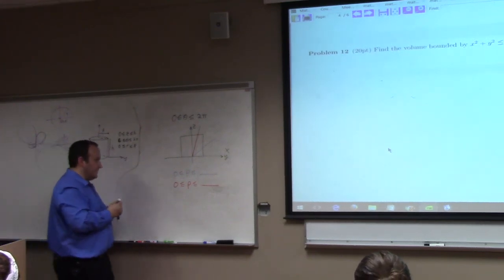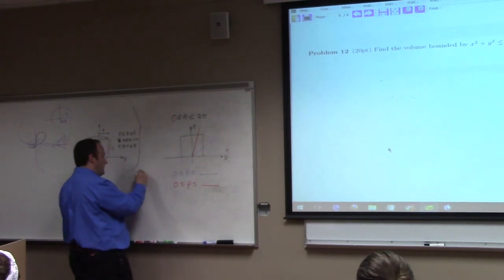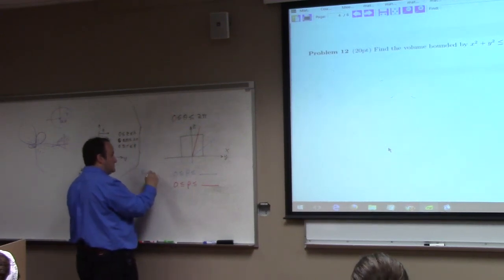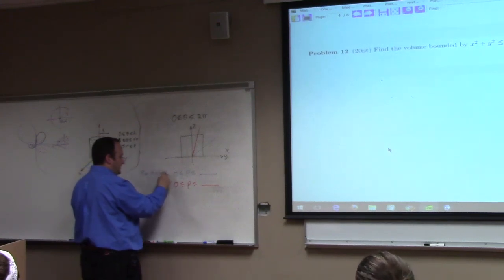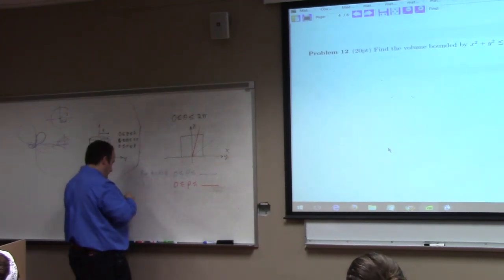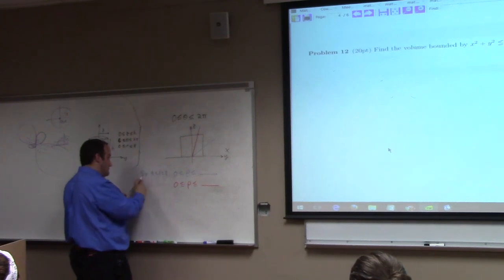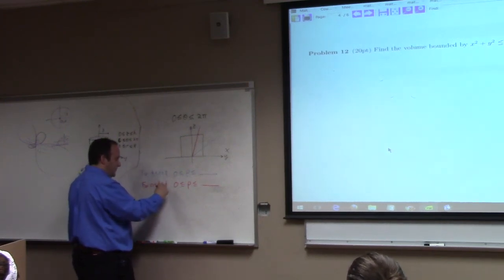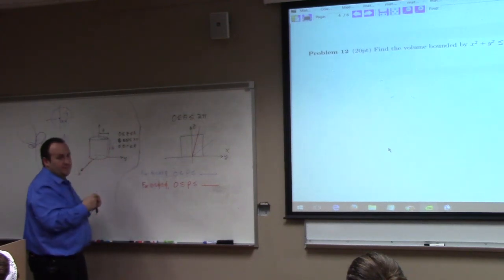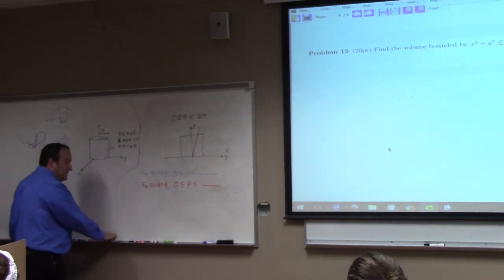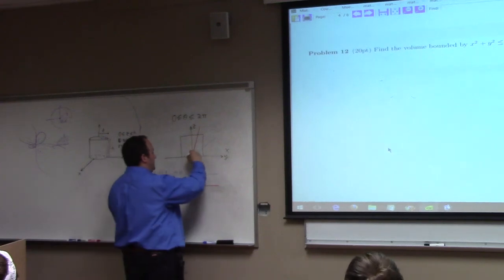It's fairly clear that this one should be phi 1 less than or equal to phi less than or equal to pi over 2, and then the red one should be 0 less than or equal to phi less than or equal to phi 1. We could figure out phi 1 pretty easily. Phi 1 is this guy.